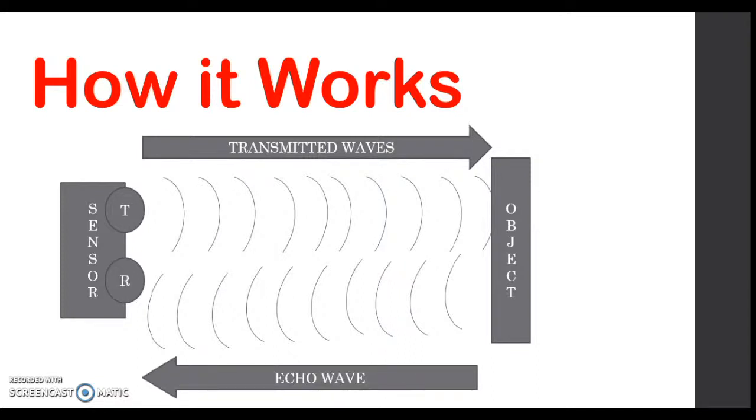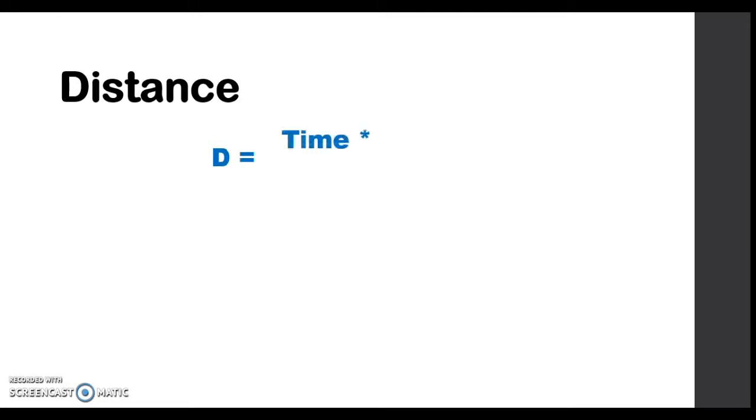Now, from the given scenario, we can measure the distance of the sensor to the object by simply computing: distance is equal to the time it takes for the sound wave to travel from the sensor going to the object and back to the sensor, multiplied by the speed of sound, which is 343 meters per second, and divided by 2.